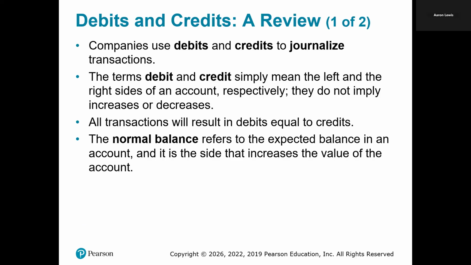As a reminder, debit and credit doesn't have any implied meaning, increase, decrease, good or bad. The term debit and credit stem from the Latin words for left and right, and that is all they mean. Debit means left in accounting, credit means right, and nothing more. So you're going to have to figure out, okay, I have these accounts being affected. Which ones do I have to debit and which ones do I have to credit?